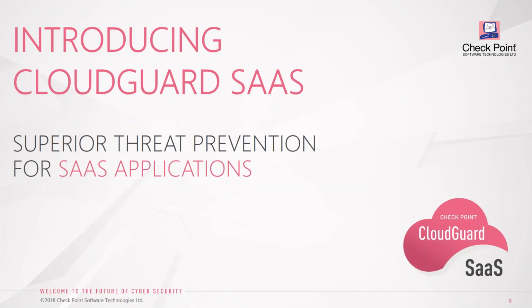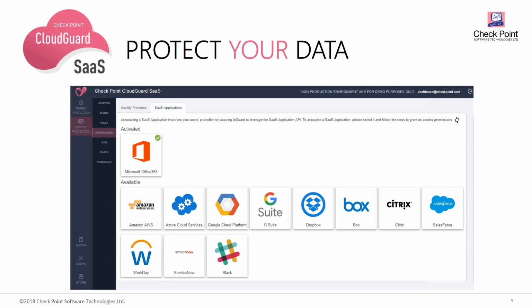This is where we have our CloudGuard SaaS product. Its goal is to give us threat prevention for SaaS applications. Our key focus always will be your data and the protection of your data.